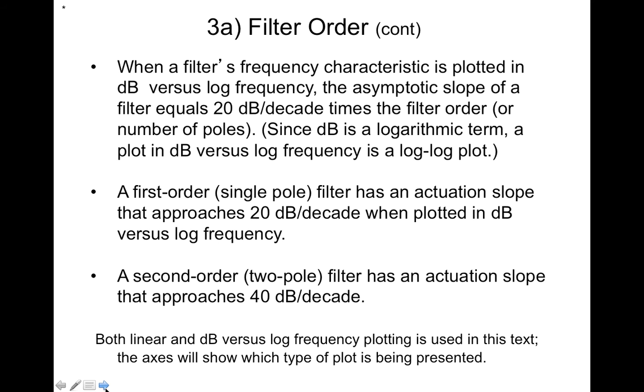So a first order filter has a slope that approaches 20 dB per decade, and a second order would approach 40 dB per decade, and so on. The higher the order of your filter, the more rapid your attenuation, and that just means that you don't pick up extra components of a signal that you don't want.